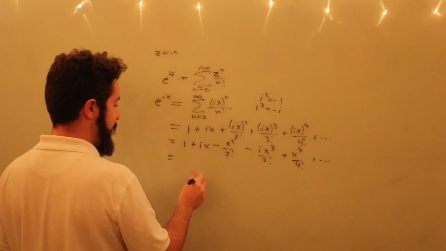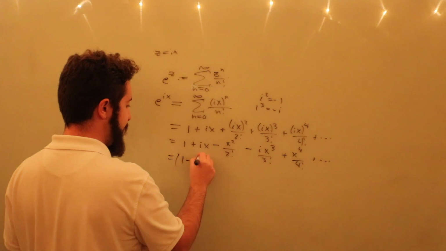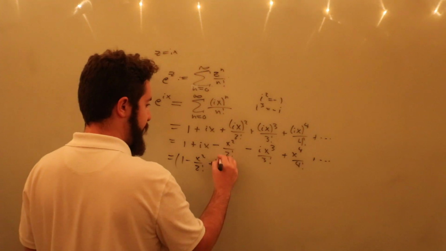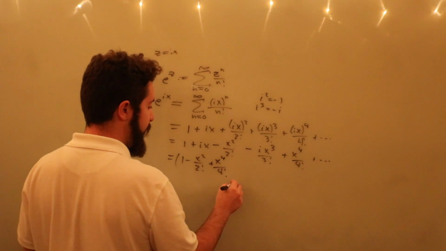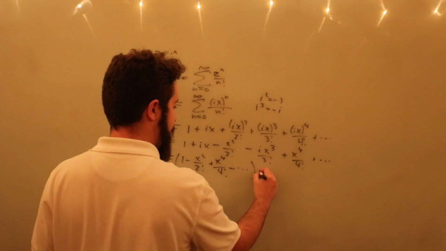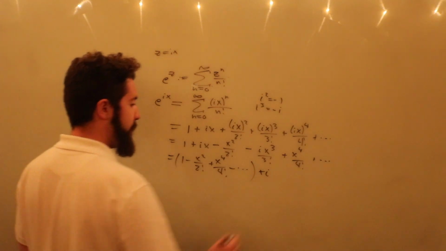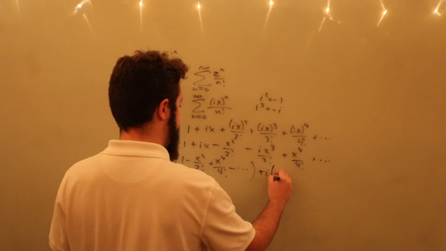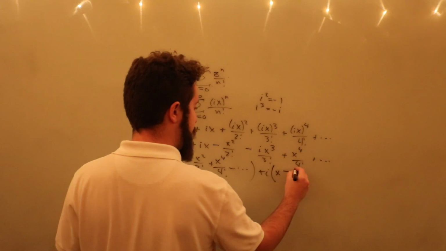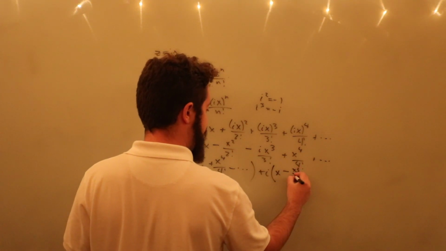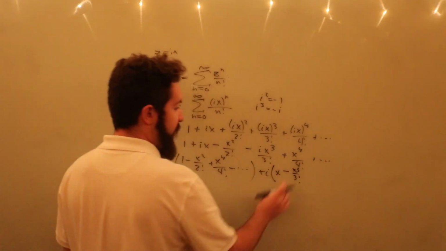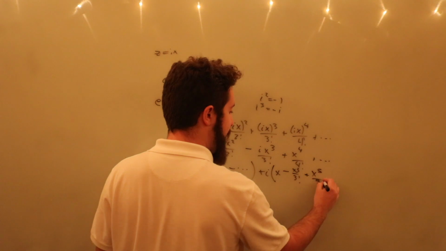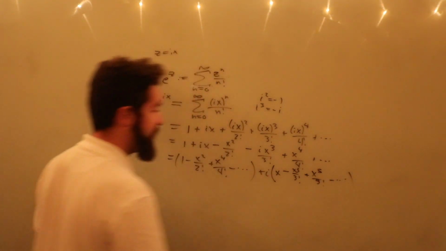So let's split those up into 1 minus x squared over 2 factorial plus x to the 4th over 4 factorial minus etc. And then factor out the number i. And what do we have? We have x minus x cubed over 3 factorial. Should make sense to you that the next term is going to be plus x to the 5th over 5 factorial minus etc. etc.